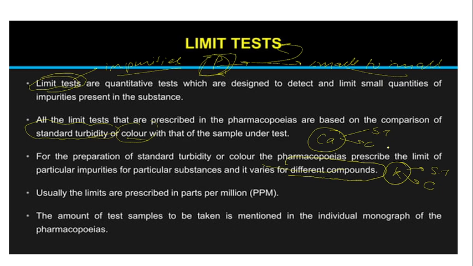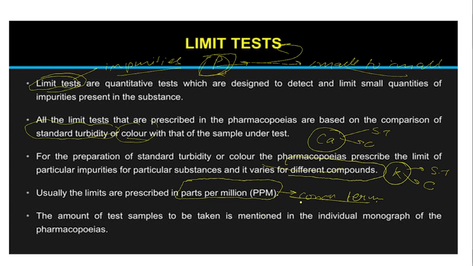Usually, the limit tests are prescribed in parts per million. Parts per million is a concentration term. The amount of test sample to be taken is mentioned in the individual monograph of the pharmacopoeias.